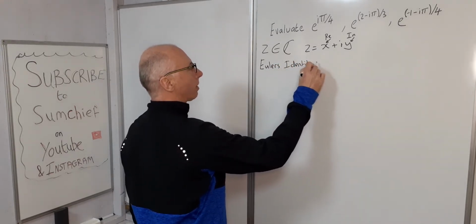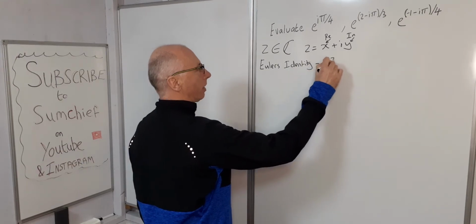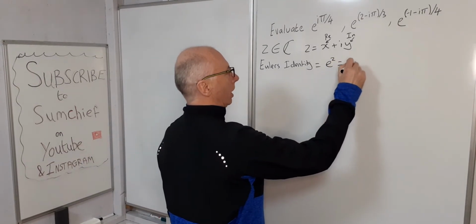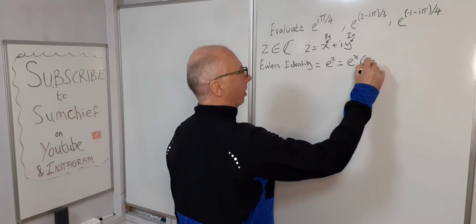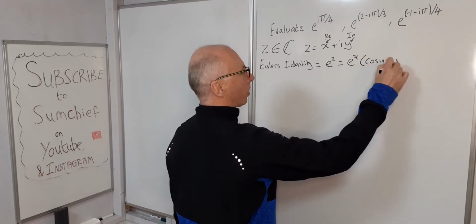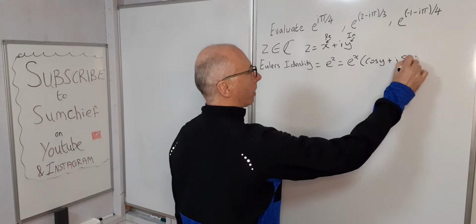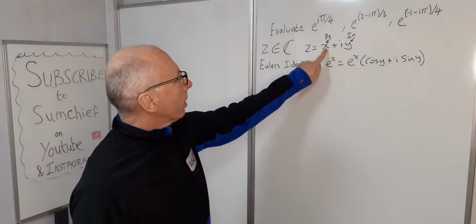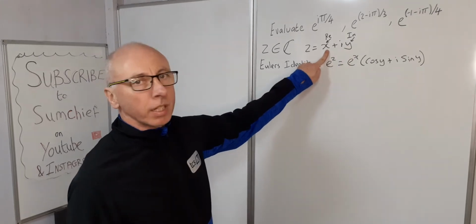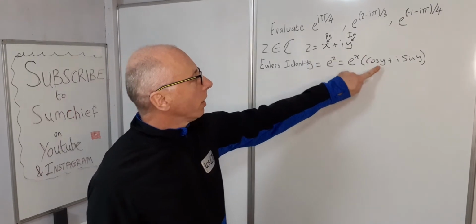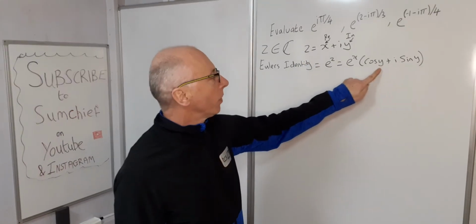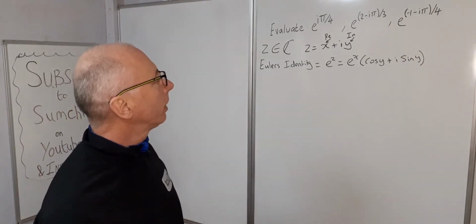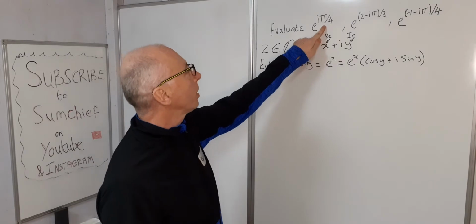And what that states is that e to the z equals e to the x times cosine y plus i sine of y. So the x is taken from the real part, and this y is used for the trig part of this identity. Okay, let's get a start onto this one, e to the i pi over 4.